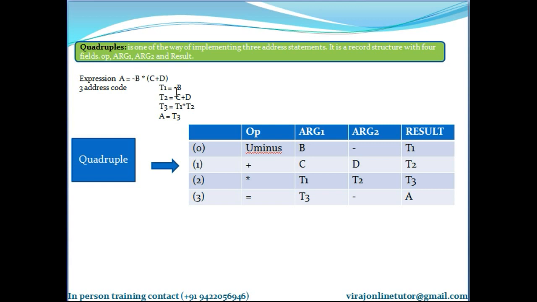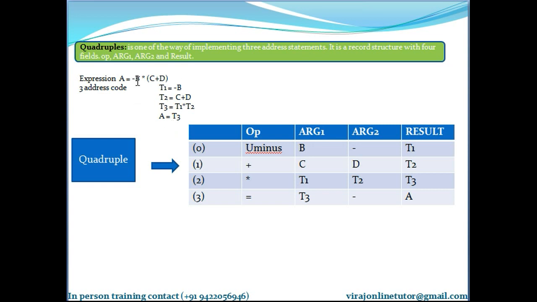So minus of B, I assign it to T1. Then the bracketed expression goes next. So C plus D, assign it to T2. Then I multiply T1 with T2, assign it to T3. And whatever is the value of T3, I assign it to A. Clear? This is how we write a three address code.